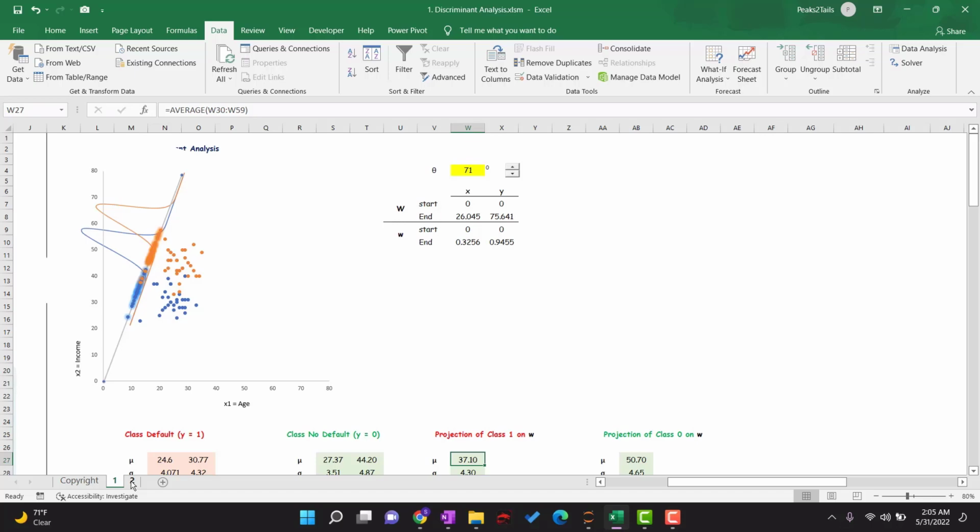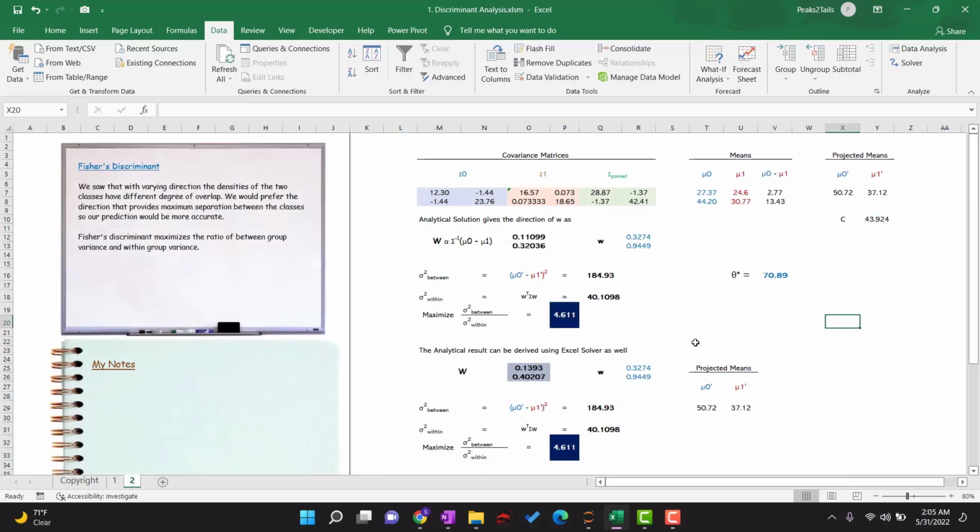That's all. All right. Once we get W, we can actually calculate the ratio of the between group variance and the within group variance. The ratio here is 4.611. How do you calculate these two?